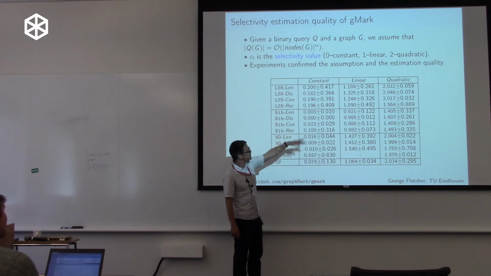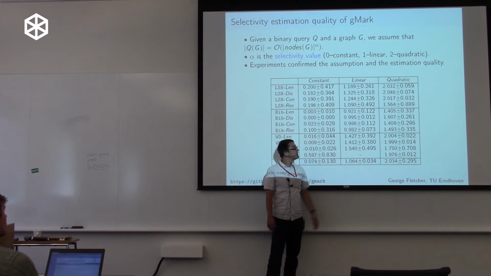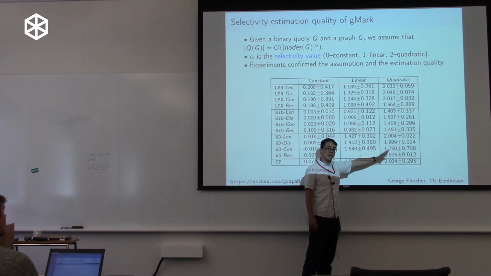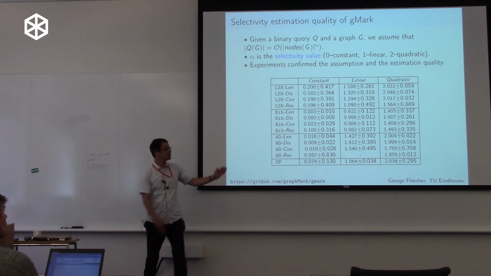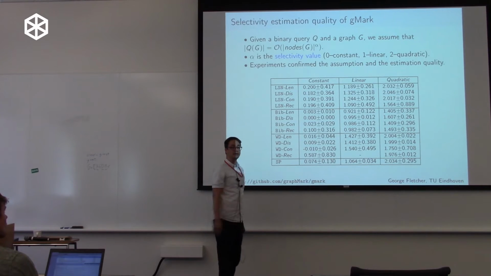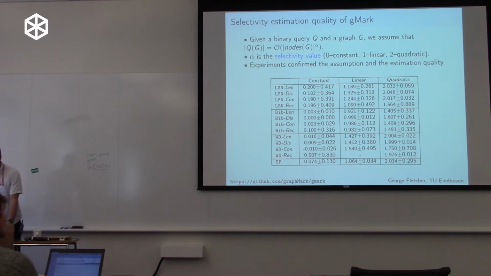Those which were estimated to be linear more or less stayed around being linear, so closer to 1. And those that we estimated to be quadratic were by and large closer to an alpha value of 2, as expected. These are just really rough classes, but there's a clear clustering of behavior across these 3 classes. So we think that the framework does a pretty good job of guesstimating the difficulty of query evaluation for binary queries.